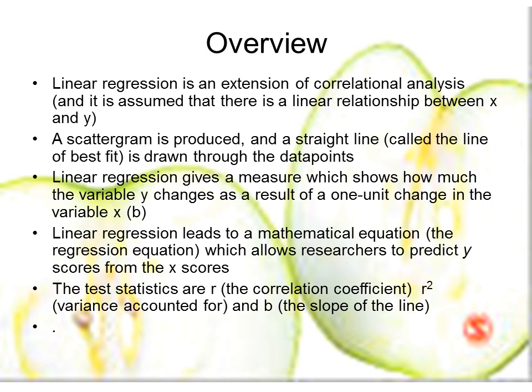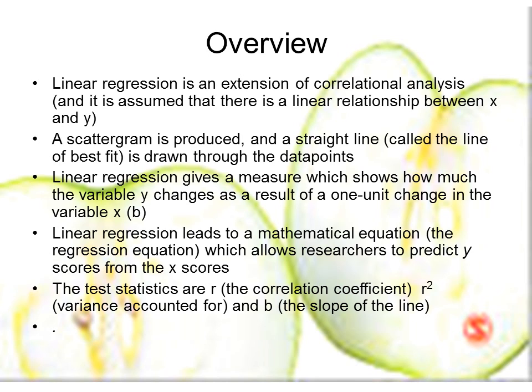A scattergram is produced and a straight line called a line of best fit is drawn through the data points. And I'll show you a slide indicating the best points on a scattergram.